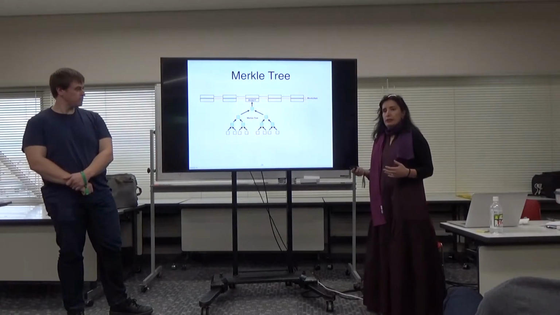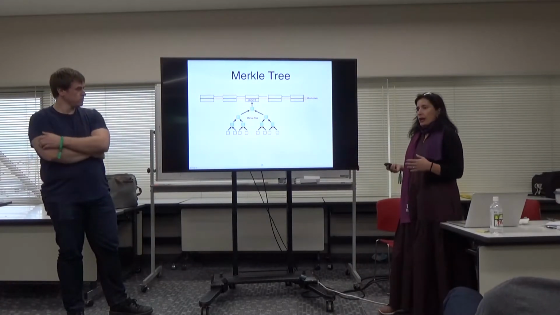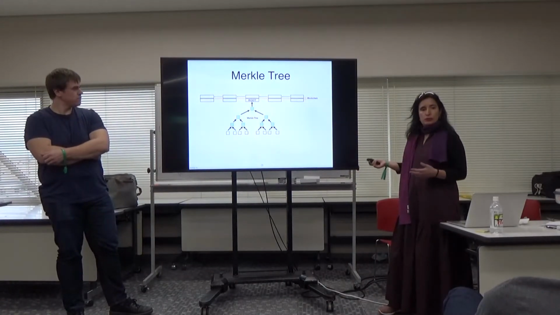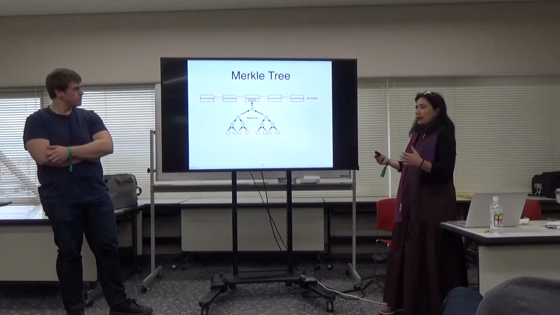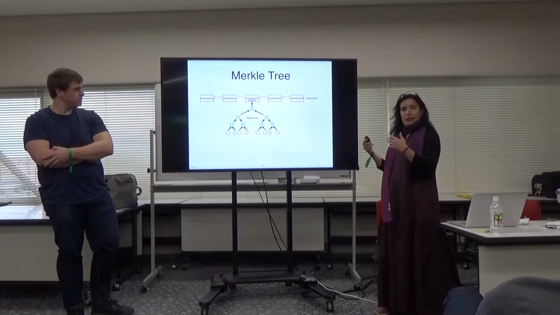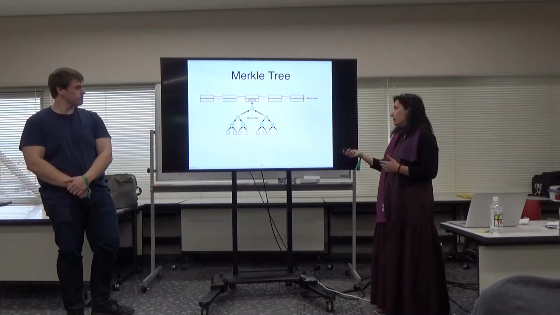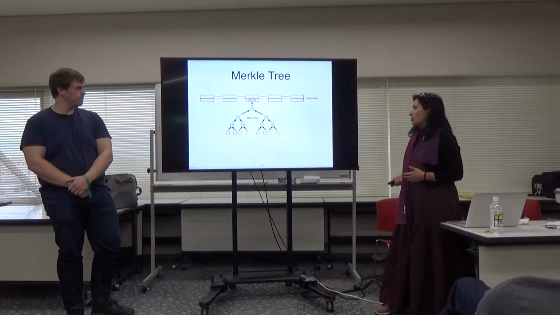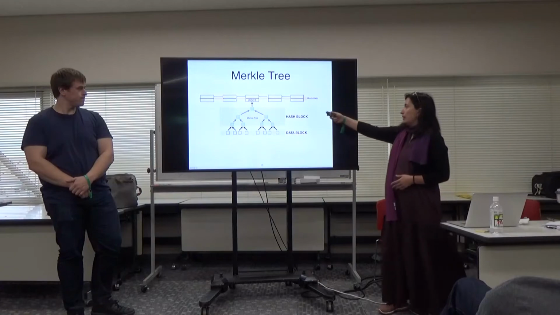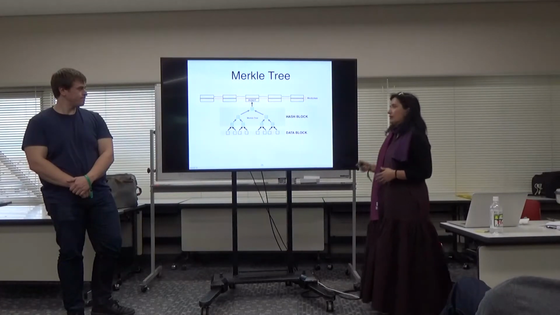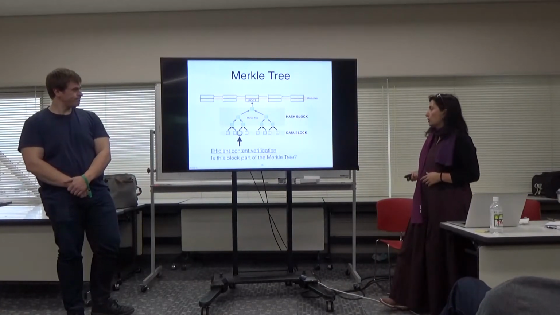If you are storing data off-chain, like if you use Swarm to store data off-chain, usually you can create a Merkle tree and then include the root of the Merkle tree in the blockchain, or in Ethereum. So here we have the data blocks at the leaves of the tree, and all these other blocks are basically hash blocks.